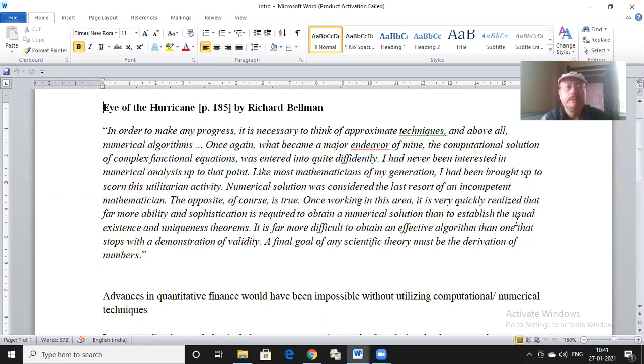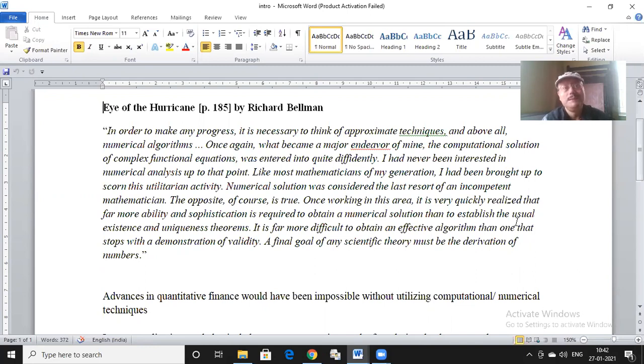Diffidently means with a lot of hesitance. So he was hesitant to enter into numerical or computational areas. He says, I had never been interested in numerical analysis up to that point. Like most mathematicians of my generation, I had been brought up to scorn this utilitarian activity.